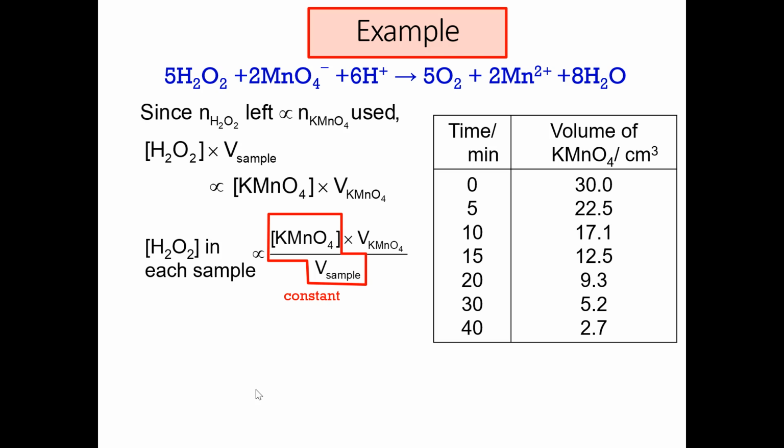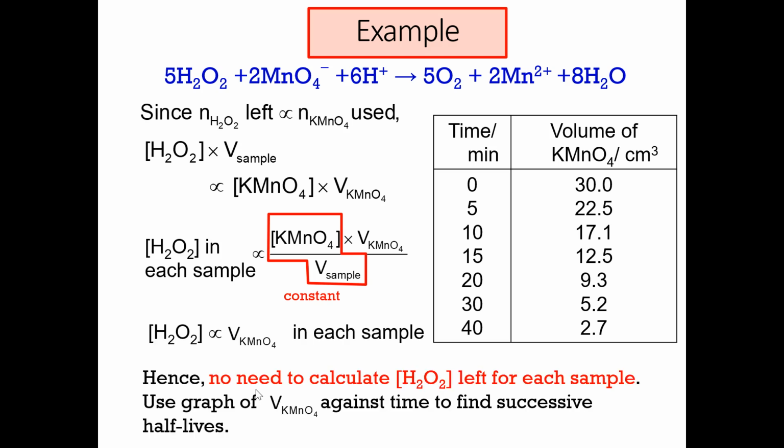I'm going through this explanation so that you know why we can use the volume KMnO4 time graph in place of the concentration of H2O2 time graph. So there's no need for us to calculate concentration of H2O2 left for each sample. We can simply use the volume of KMnO4 graph against time to find successive half-life.